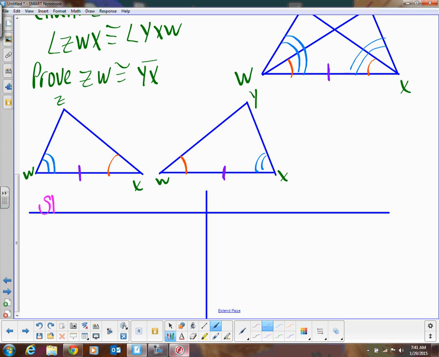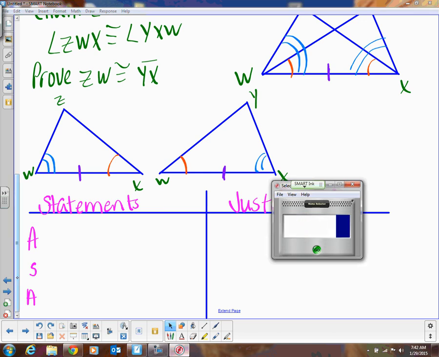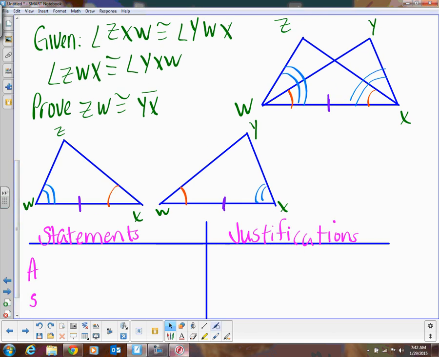So we've got statements, and we've got justifications. And Kayla just told us angle, side, angle. All right, so I need someone to name a pair of angles. Nick, what's one pair of angles? Angle ZXW, YWX.